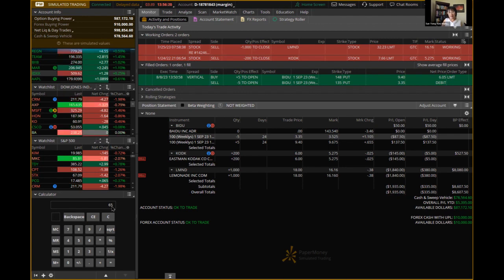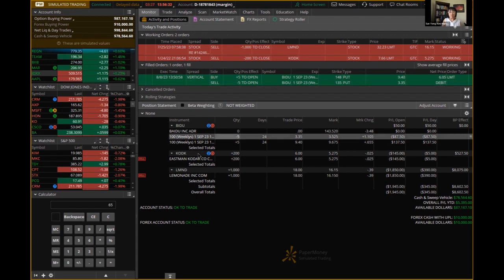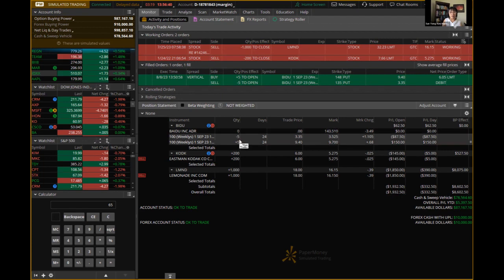6,500 minus 3,025 that we got, and we got that from 605 times 5. 5 is the contract quantity that you purchased, how many contracts. That's what we multiply by 5.